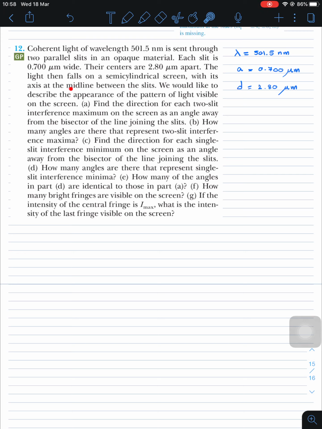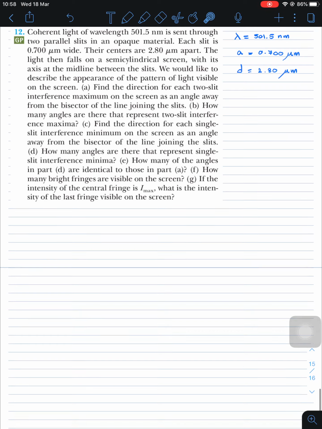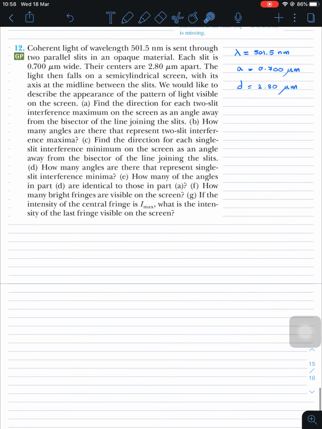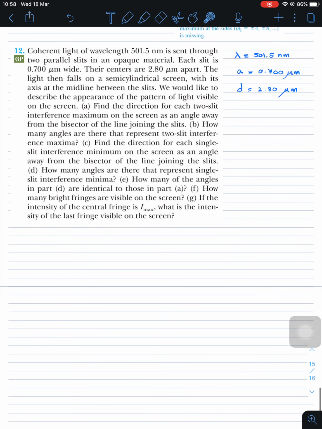The light then falls on a semi-cylindrical screen with its axis at the midline between the slits. It just means that we need to compute the angle. We would like to describe the appearance of the pattern of light visible on the screen.